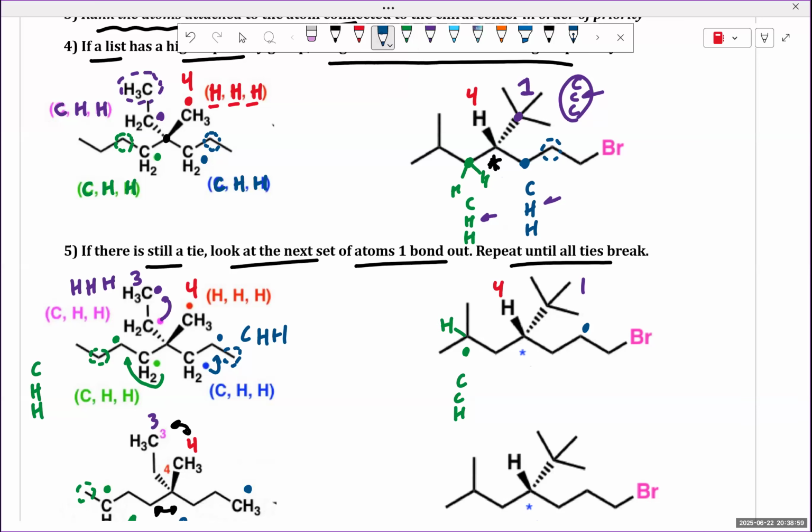Attached to the carbon in blue, we have a carbon and 2 hydrogens. As you can see, the group in green, carbon, carbon is higher priority than carbon, hydrogen. So this group will be priority 2, and this group on the right will be priority 3. So we have our final priority assignments.